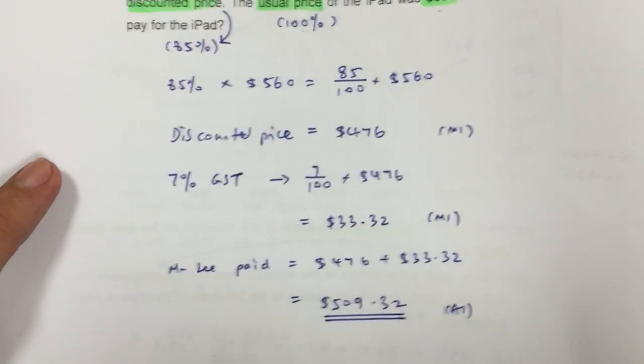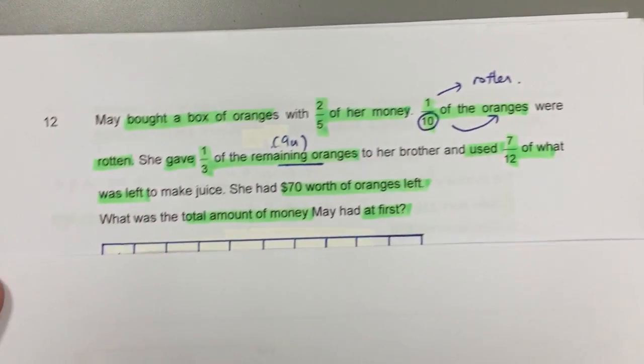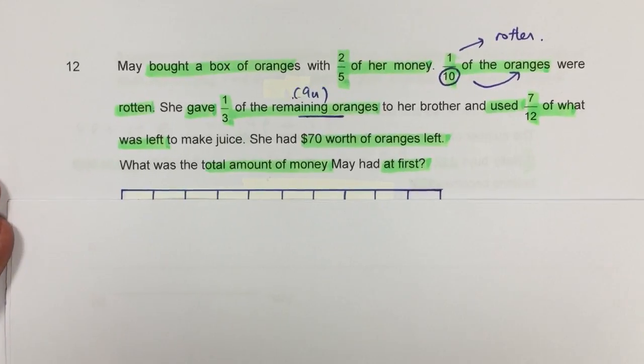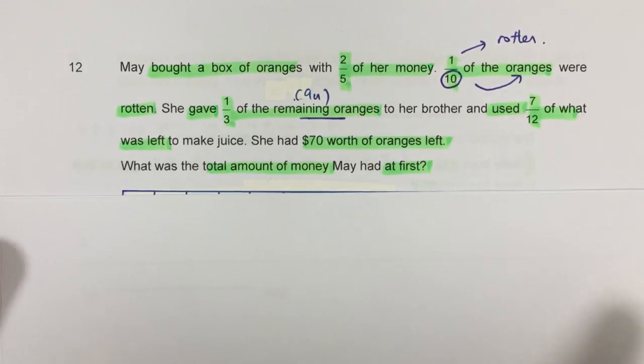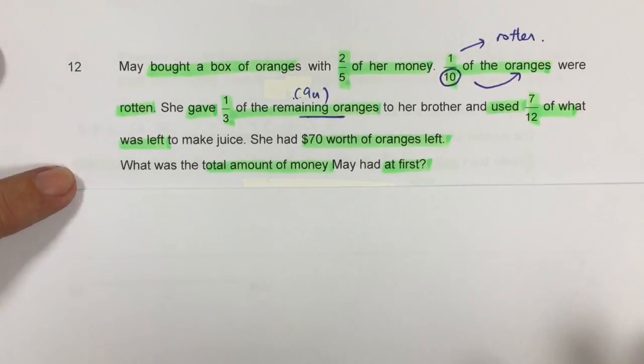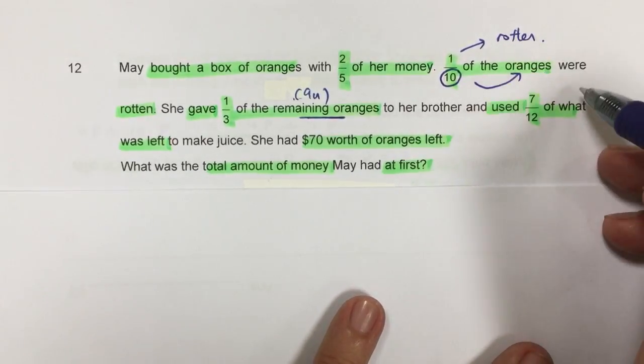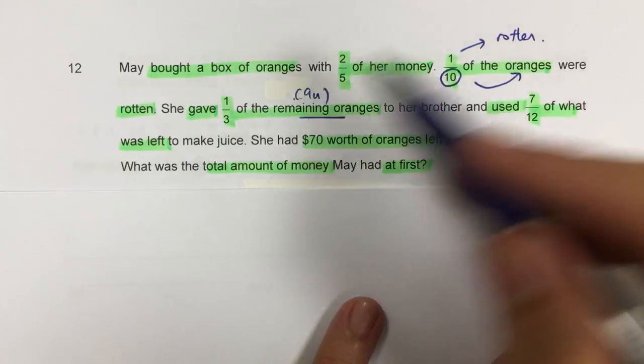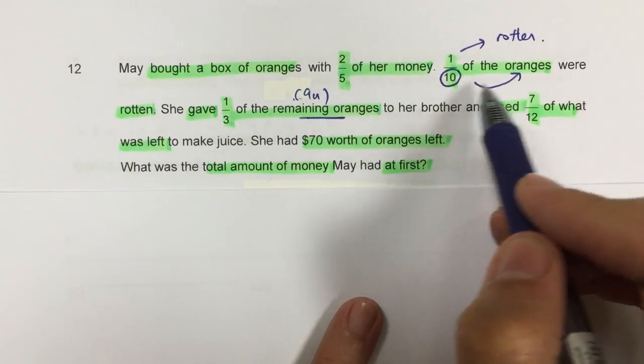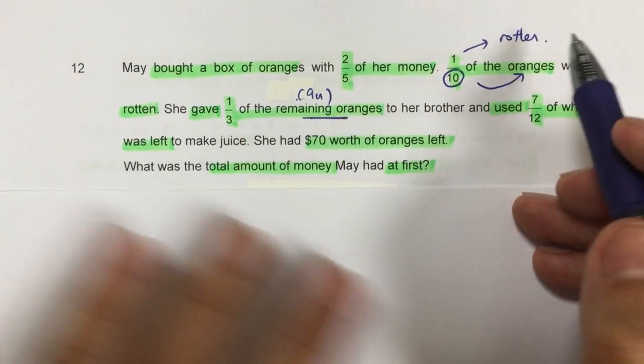Next question, 12. May bought a box of oranges with 2/5 of her money. 1/10 of the oranges were rotten, so total oranges is 10 units, 1 unit is rotten.